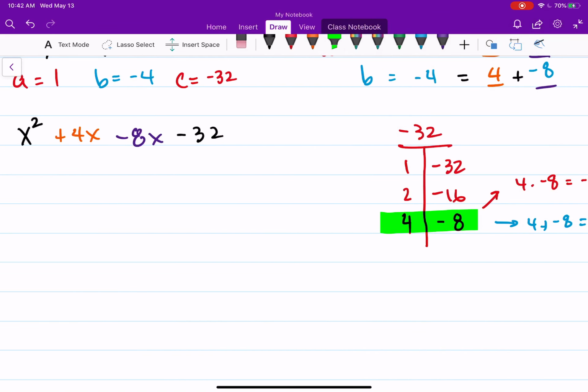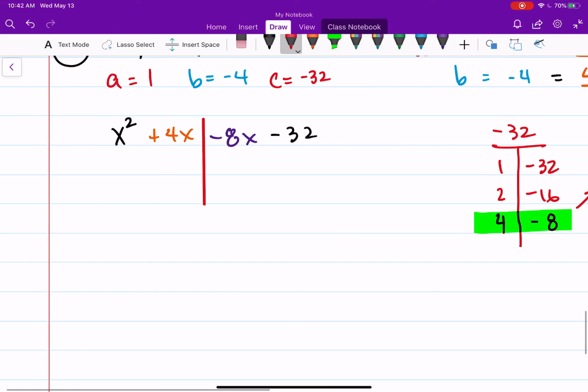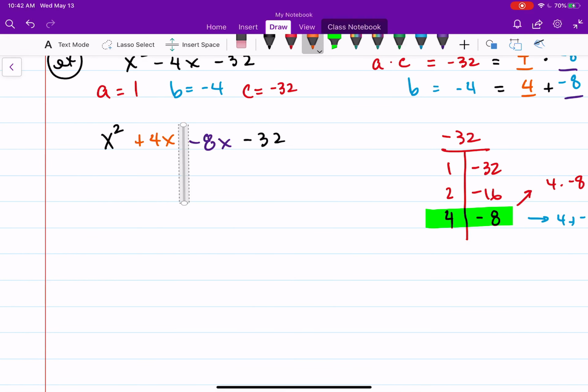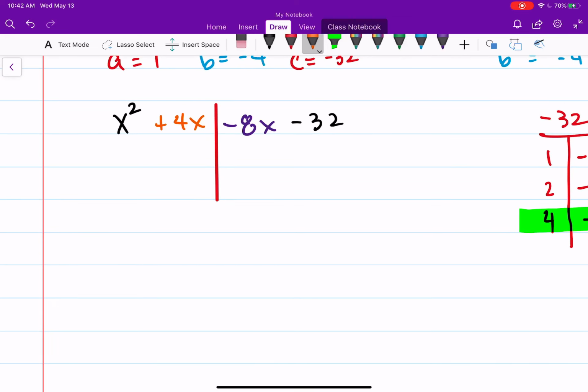All right, so I've got to find a GCF in the first group. An x, awesome. What do I have left? An x plus 4, awesome. Third term is a negative, so I've got to pull out a negative. What goes into 8 and 32? 8 does, awesome.